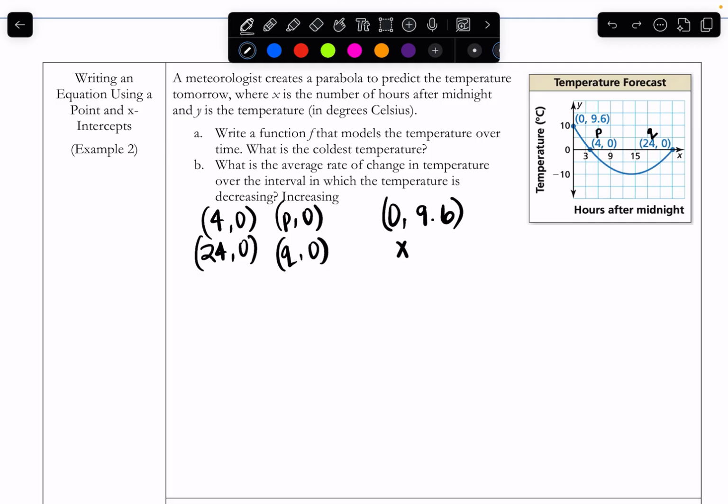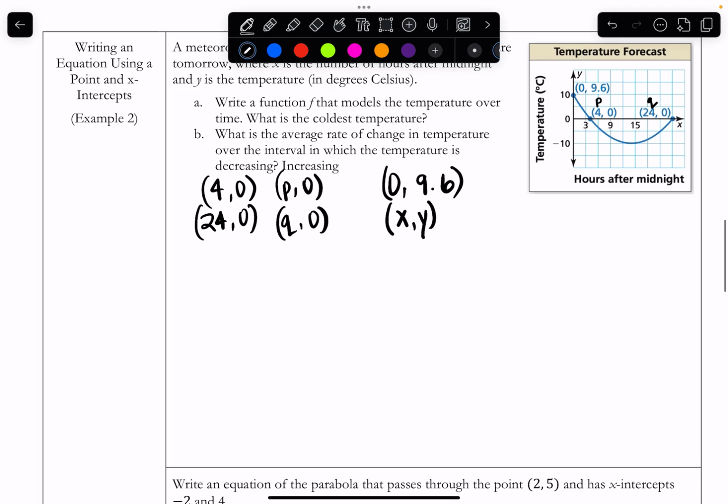So if that is the case, that's great. But you're not going to treat it any differently because we're not writing from standard form. You can take your final equation that you get and turn it into standard form, which we will talk about later. Okay, so intercept form, I have A times x minus P times x minus Q.